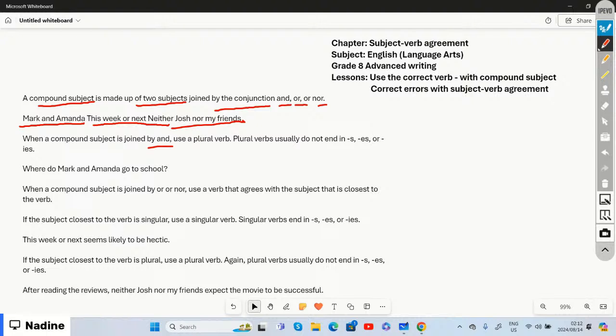So when a compound subject is joined by the word and, then we need to use a plural verb. And plural refers to more than one.